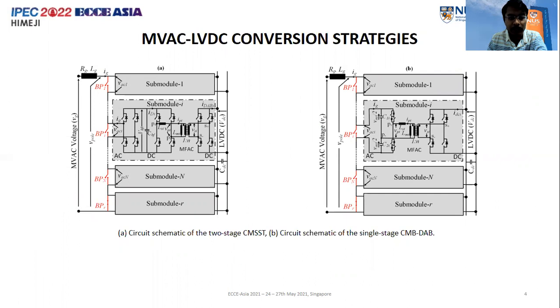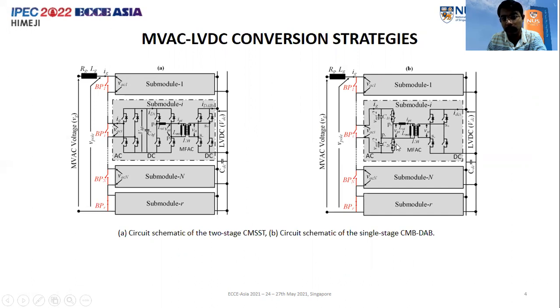First one is the two-stage cascaded modular SST type of conversion strategy, where you have a rectification stage in the front end and then a DC-DC dual active bridge type of stage in the second stage. So as you can understand, there is an AC-DC and then an isolated DC-DC conversion, whereas for the single stage counterpart, there is a single stage AC-DC conversion.